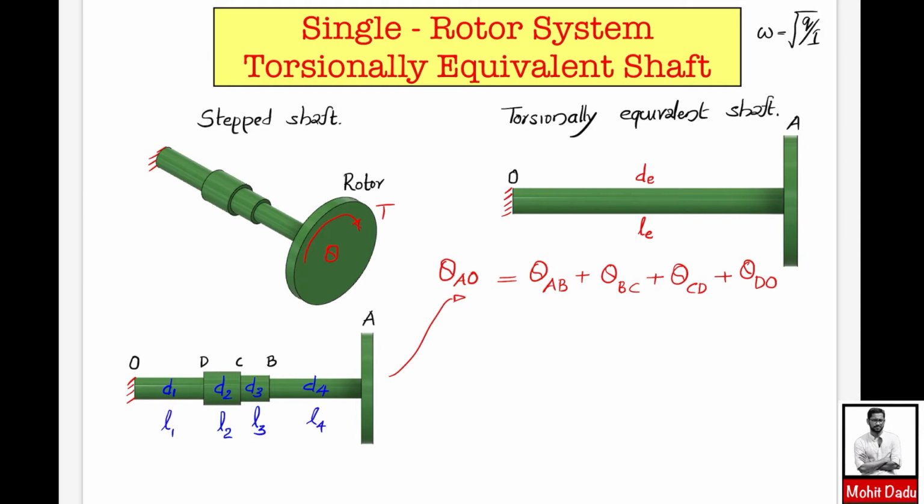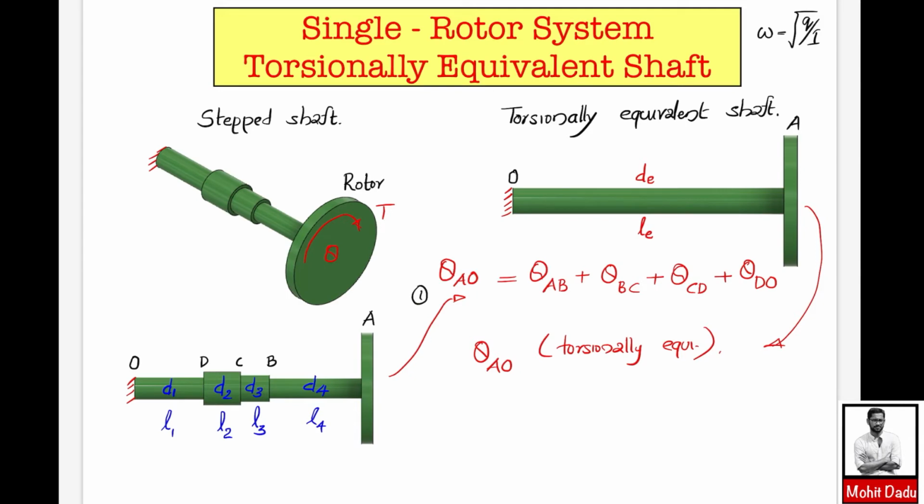Now you are converting this into a torsionally equivalent shaft where it has a uniform diameter DE, representing D equivalent, and a total length LE, which is the equivalent length. If such a torsionally equivalent shaft is there, then you have theta of A with respect to O for the torsionally equivalent shaft.